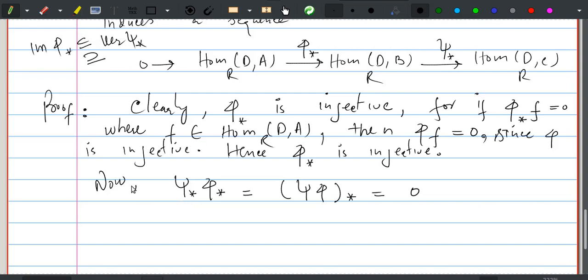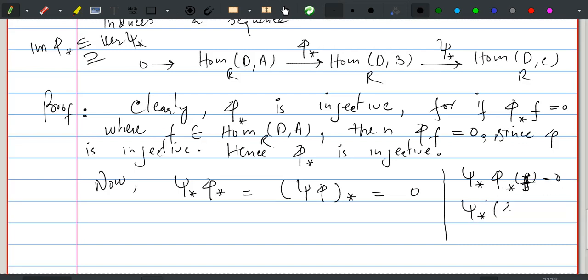Now if this is the case, this means image of phi star is contained in kernel of psi star. So this is 0, which means psi star phi star of f is 0 for every f. Now psi star phi star of f is in the image of phi star.